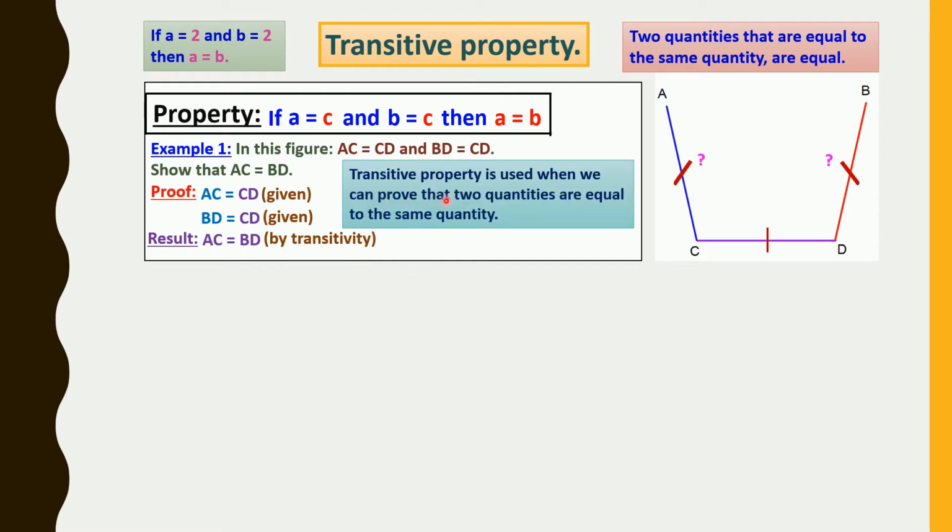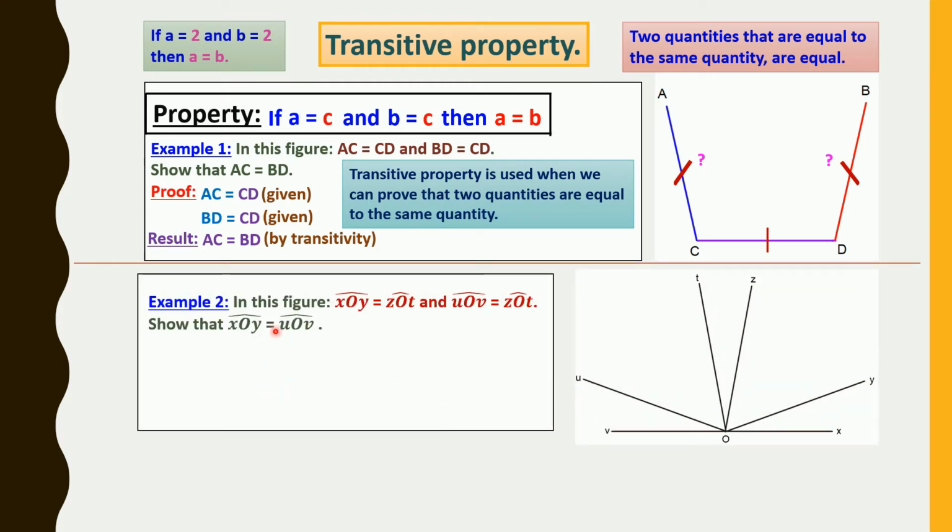The transitive property is used when we can prove that two quantities are equal to the same quantity. So if we want to prove that two quantities are equal and we can already prove that they are both equal to the same quantity, in this case we use the transitive property.